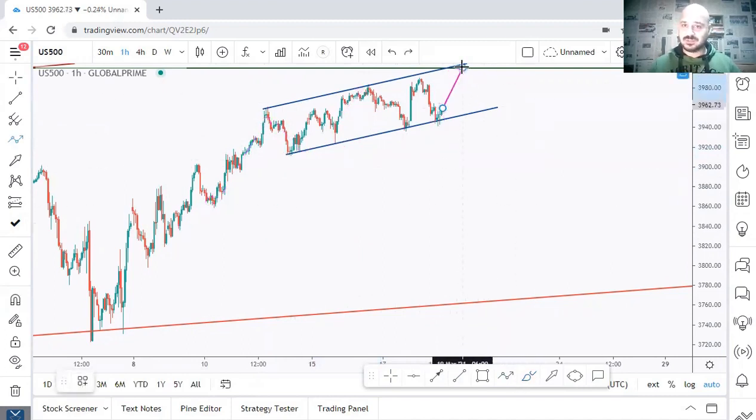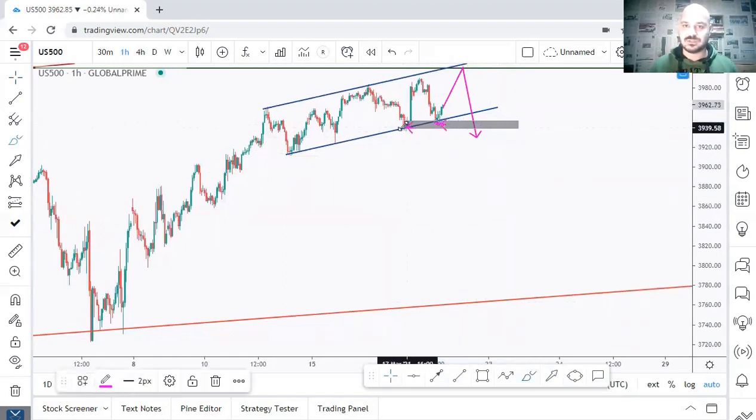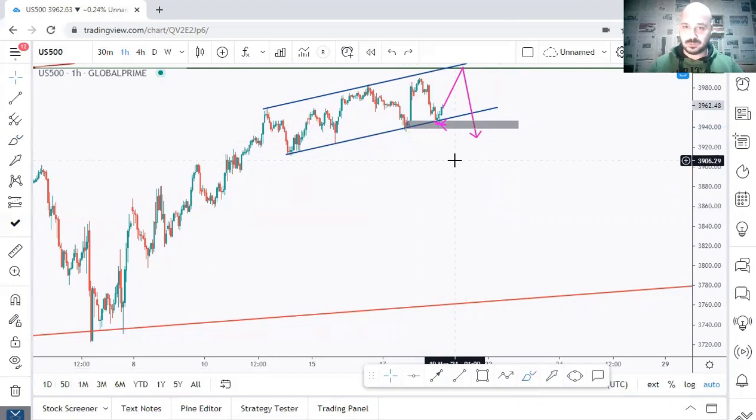So now if price goes like this and then breaks below our area, then we can sell on the break downward. Now we can sell here, but for extra confirmation, let's keep it here because this area is very close to this area, so it doesn't mess with our risk to reward ratio.